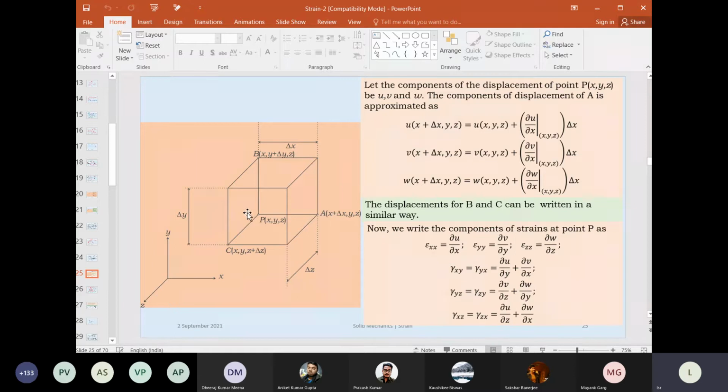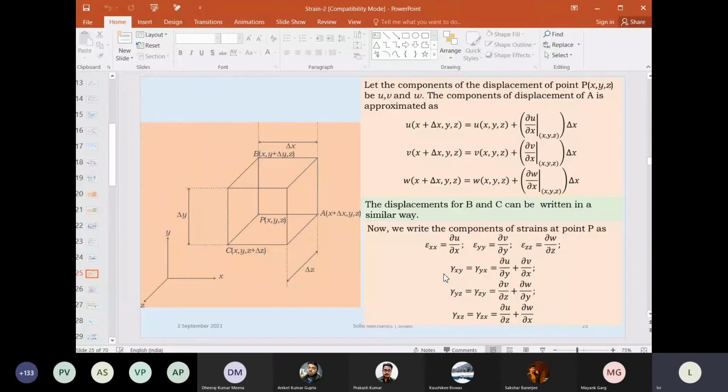Now we want to find out what is the strain at P. We will get epsilon xx equal to dou u by dou x, epsilon yy equal to dou v by dou y, and epsilon zz equal to dou w by dou z. Gamma xy and gamma yx, all those things we can write because they are symmetrical, because shear stresses are symmetrical.